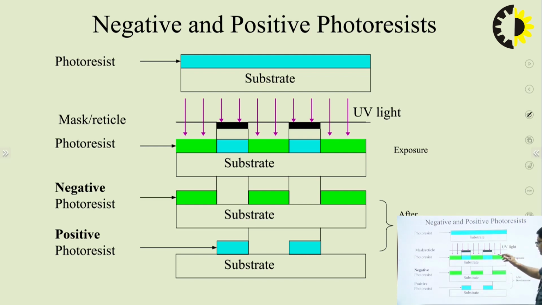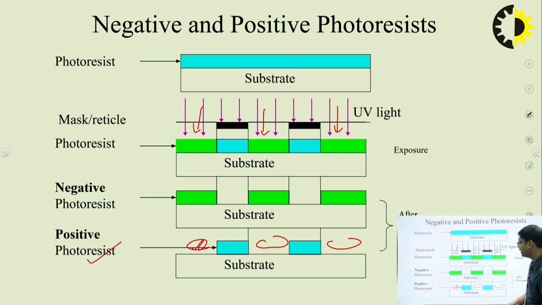So, we can see here the radiations are allowed to pass through these regions. So, in case of positive photoresist, the resist becomes soft and therefore gets removed from these areas, and from these areas the photoresist is etched away.